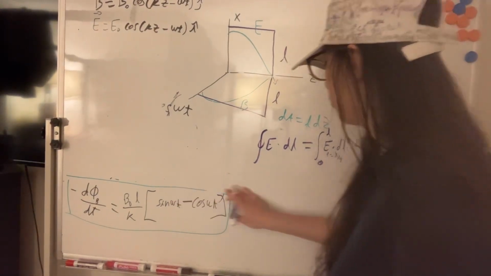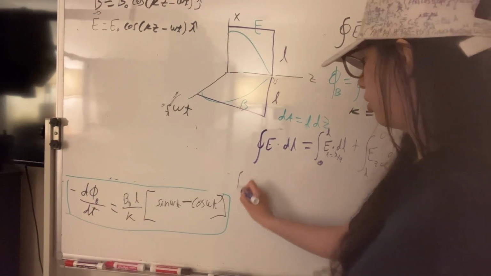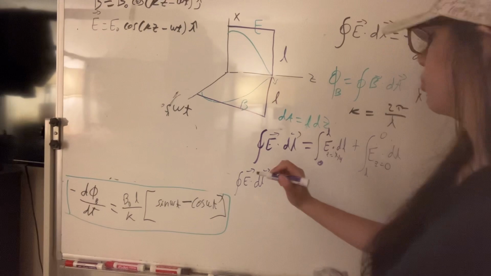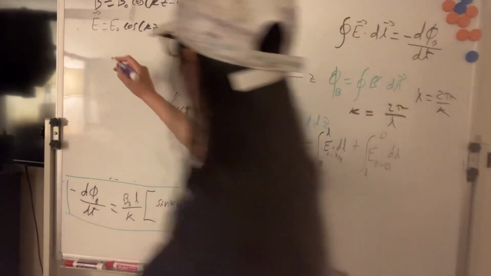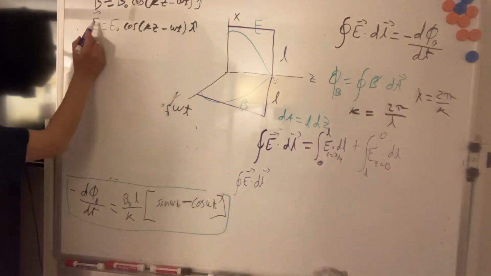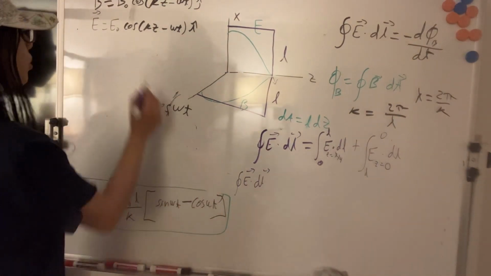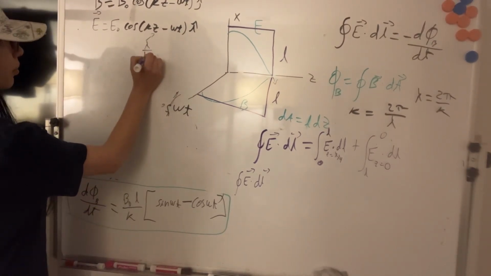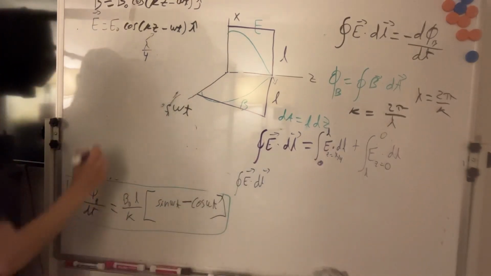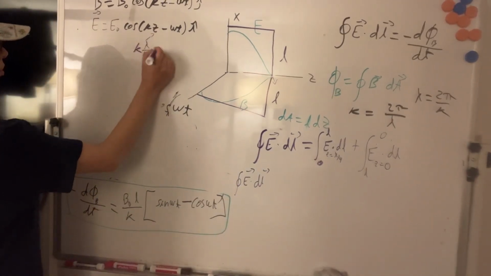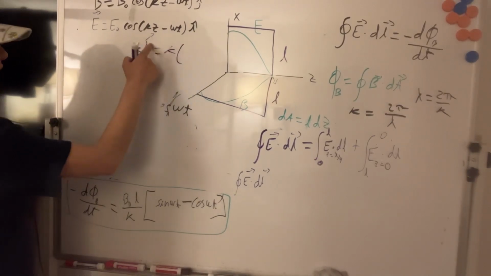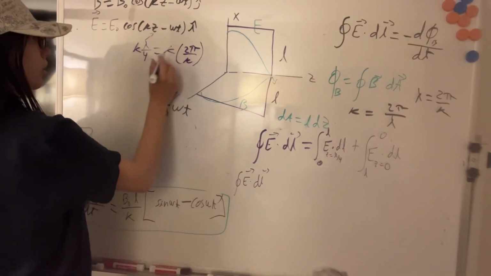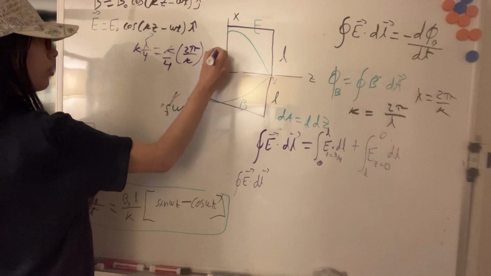So now we have the closed loop integral of E dot dl is equal to, and in these two parts we're going to substitute with this E. So here we need to put in this c, we take lambda over 4 for this first part, and remember that k lambda over 4 is the same as k times lambda is 2 pi over k, 2 pi over k divided by 4, so we just have pi over 2.